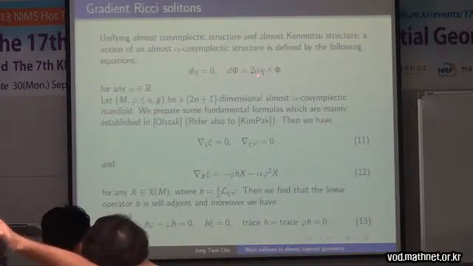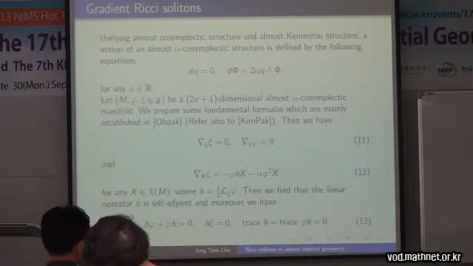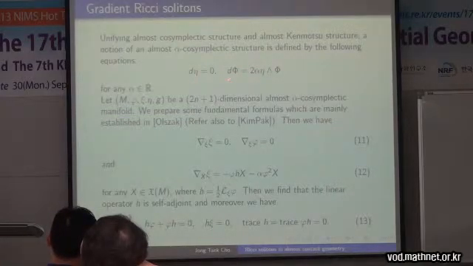Actually, when α is 0, these two equations give an almost cosymplectic structure, and when α is 1, these two equations give an almost Kenmotsu structure. So this equation unifies those two structures.